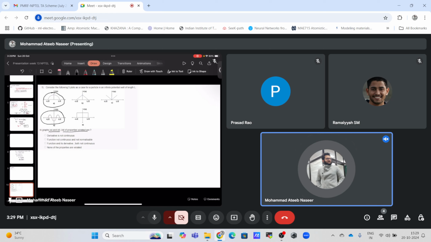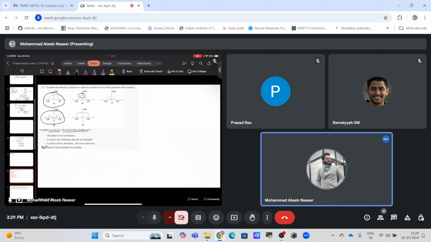So for the infinite potential well case, none of the properties are violated for these. However, for the other case, you can see that there is a property violation. This function does not have derivative continuity at this point.